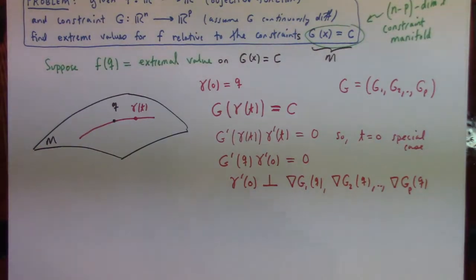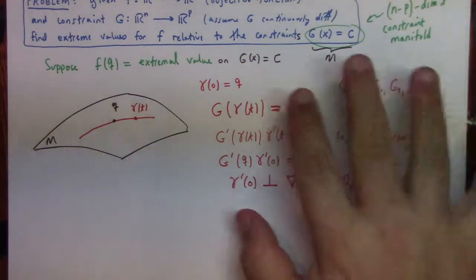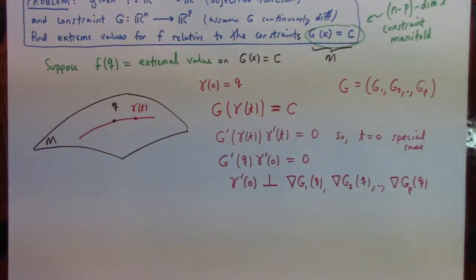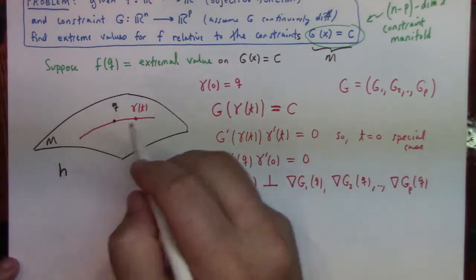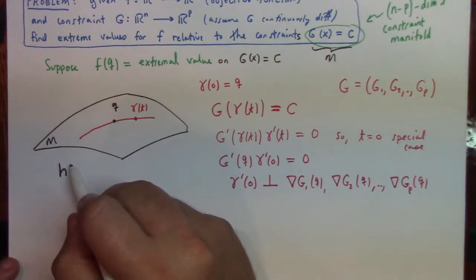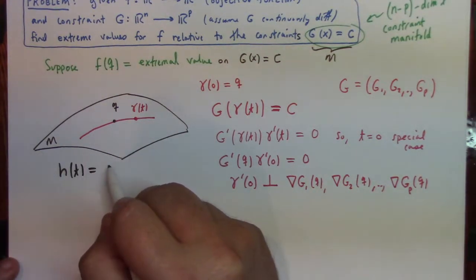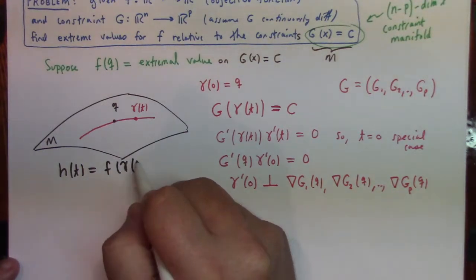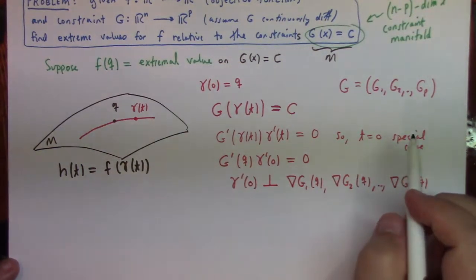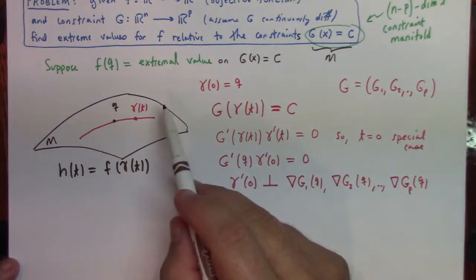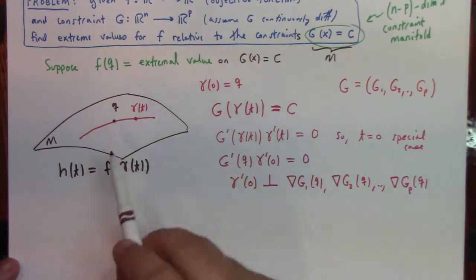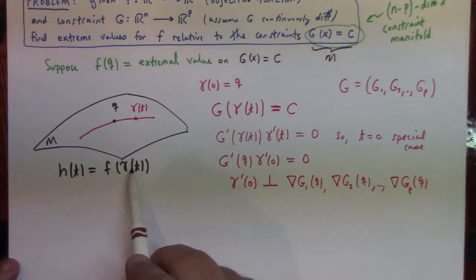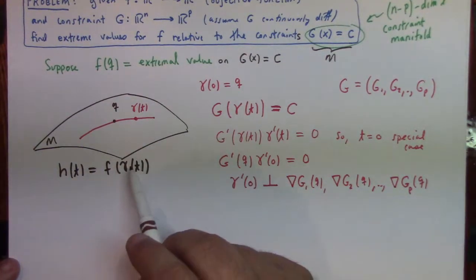And what else? On the other hand, we haven't even used that q is an extremal point. If we define the function h, with h of t equal to f of gamma of t, then h of 0 is f of gamma of 0, which is f of q.